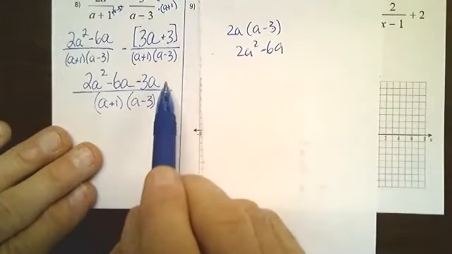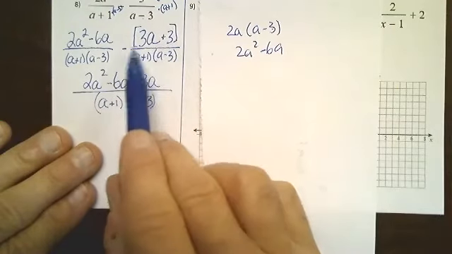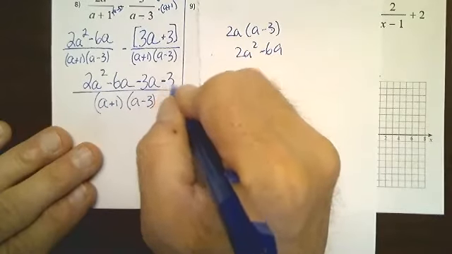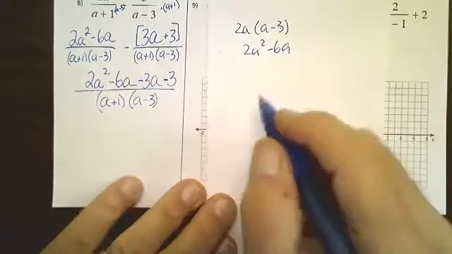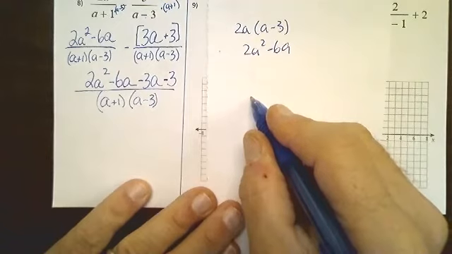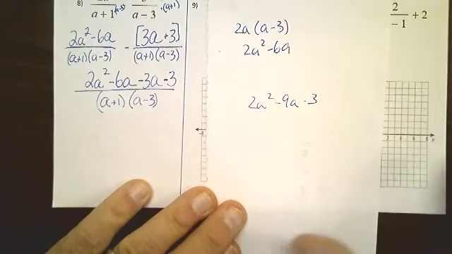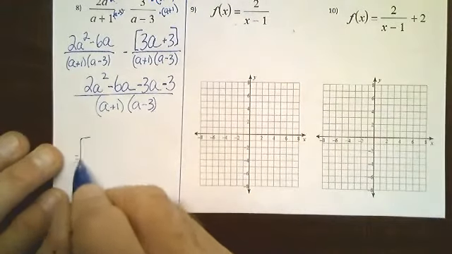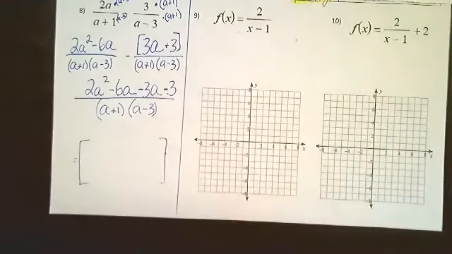Many kids want to make that plus 3, but it's actually a minus 3 because this minus goes on both of them. So minus 3a minus 3. Clean it up. I don't think you can factor anything. You clean it up.